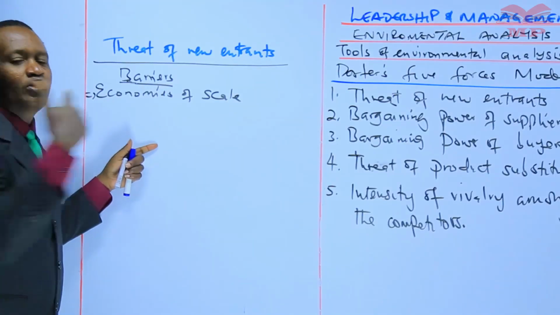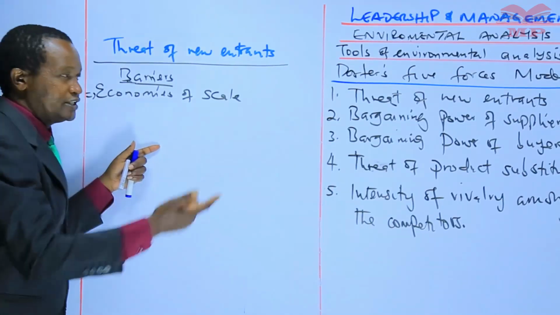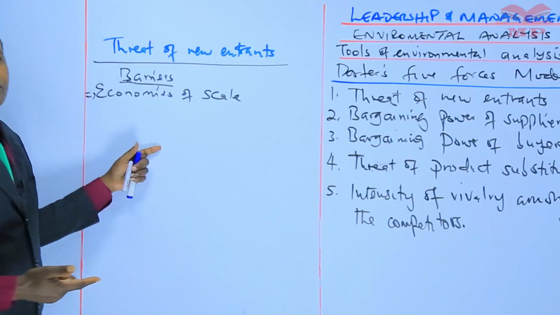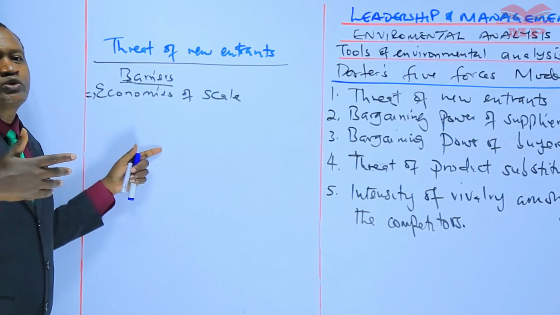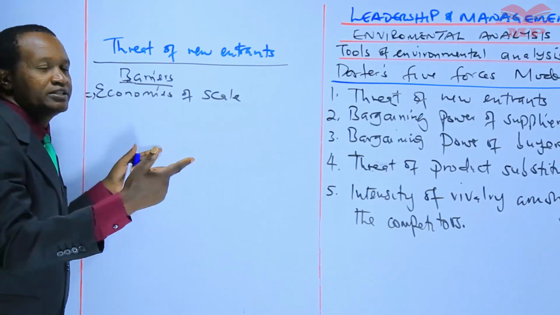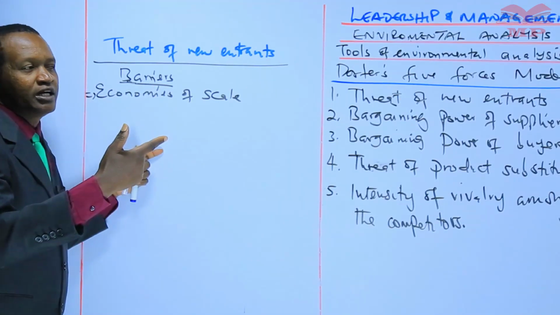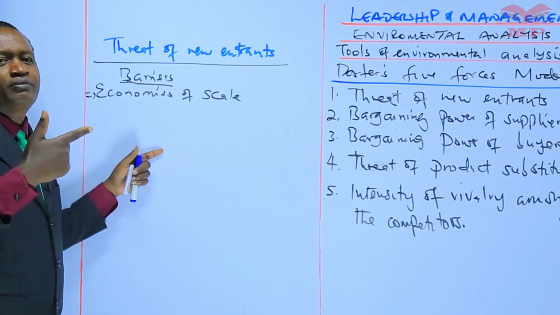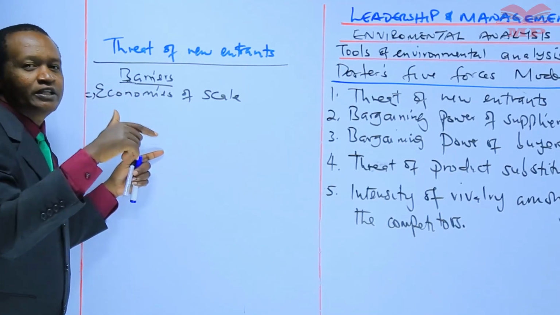So increasing economies of scale enhances a firm's flexibility. For example, a firm may choose to reduce its price and capture a greater share of the market. Alternatively, it may keep its prices constant in order to increase profits.